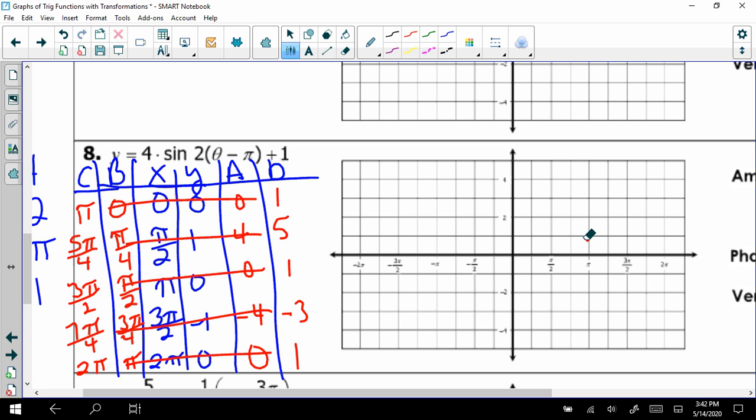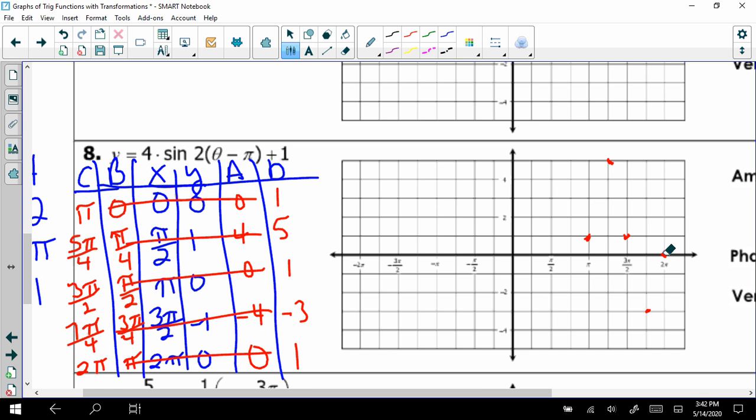So 1, 2, 3, 4, 5 pi over 4 is right here, comma 5 is right there. 3 pi over 2 comma 1. 7 pi over 4, so this is 1, 2, 3, 4, 5, 6, 7 pi over 4, comma negative 3. And then 2 pi comma 1.